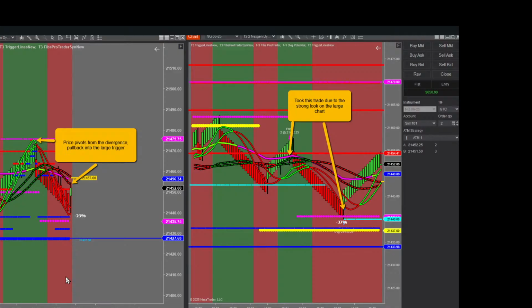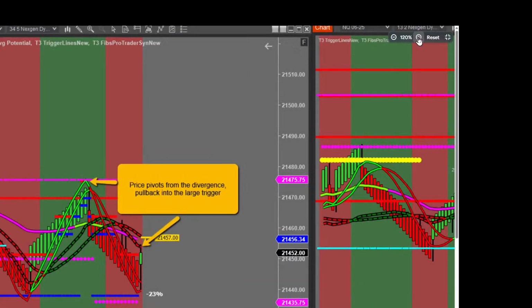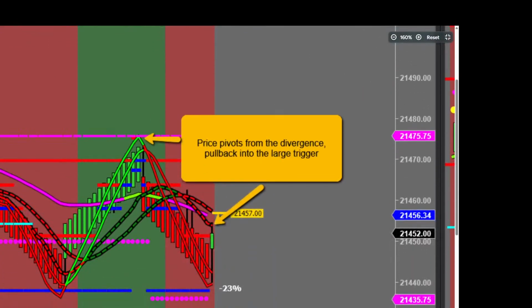Price pivots from the divergence. I disagree. Price didn't reach the divergence. Guys, these divergence lines are precise. These divergence lines are 100%. That is the exact price where the sellers stole momentum from the buyers, where momentum is lost and they push down.